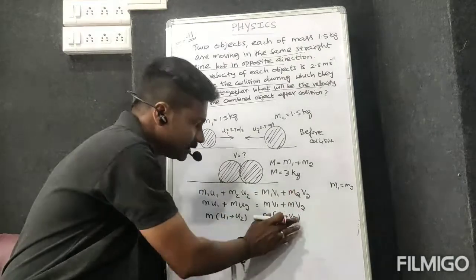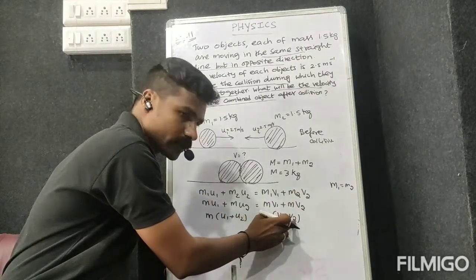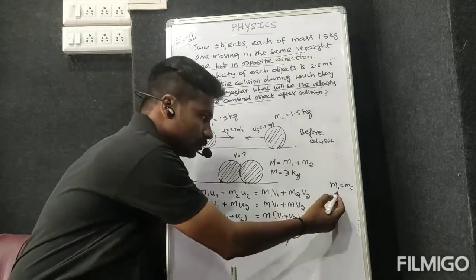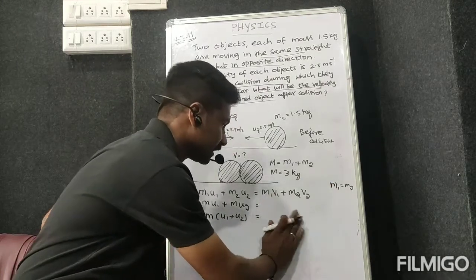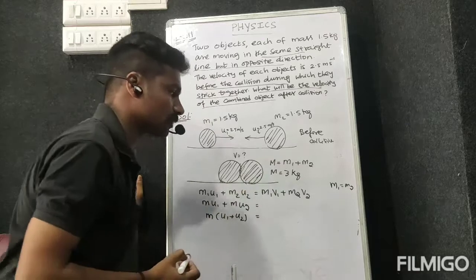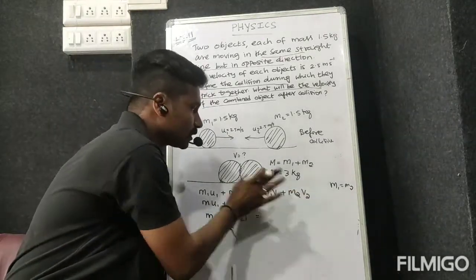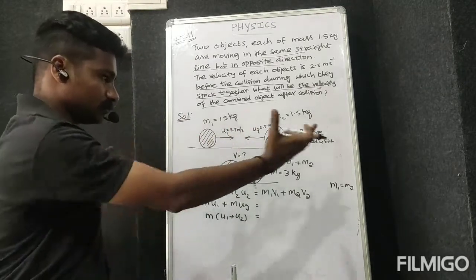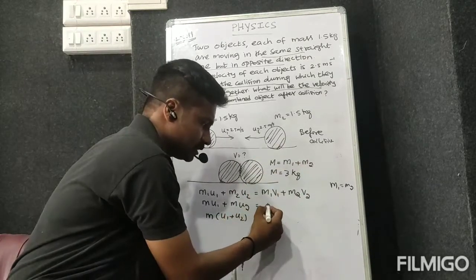So on this side we can write V1 and V2 as the same velocity V, because M1 plus M2 is equal to capital M. Both combine together, moving with the same velocity.